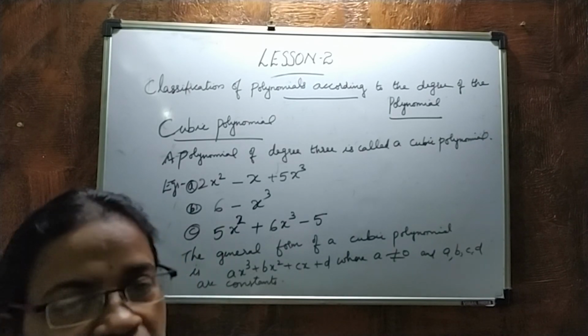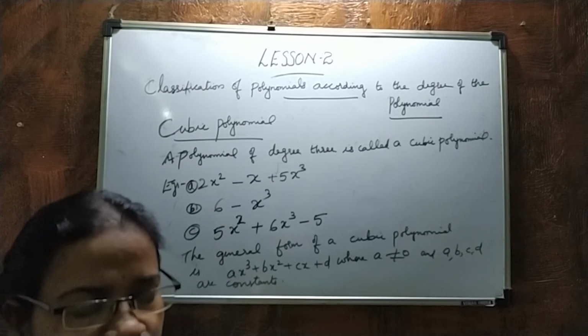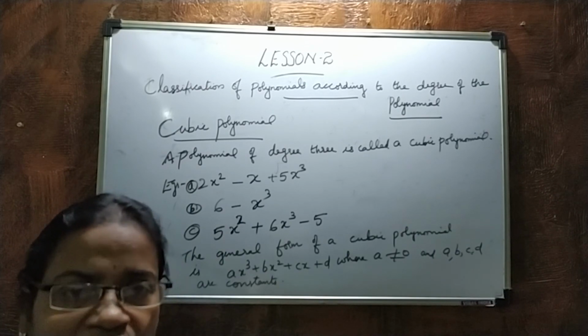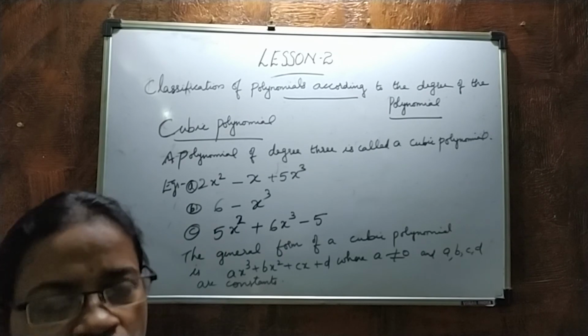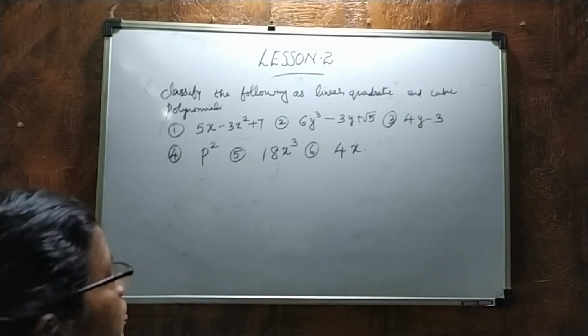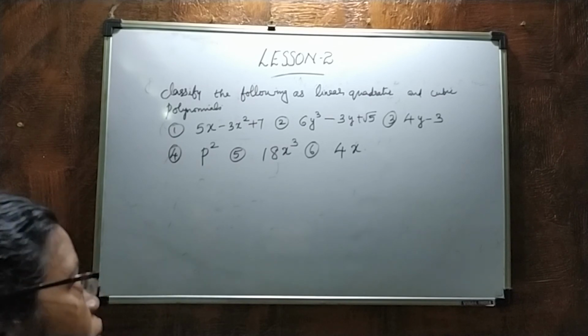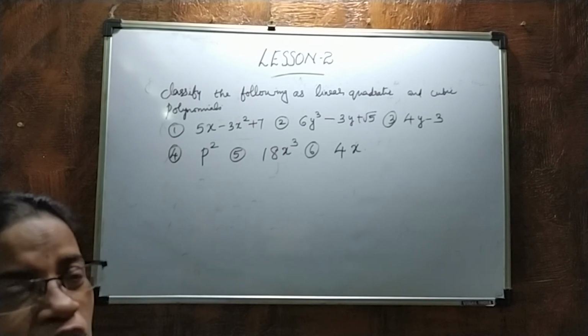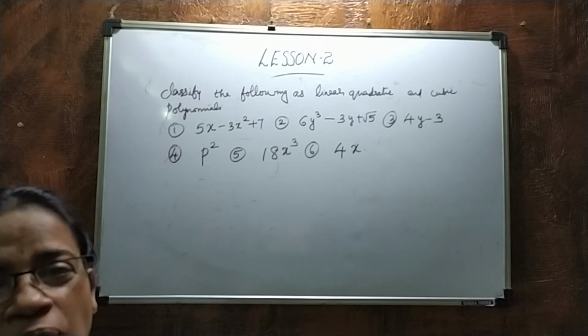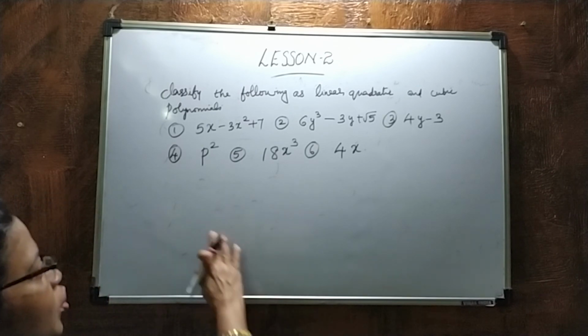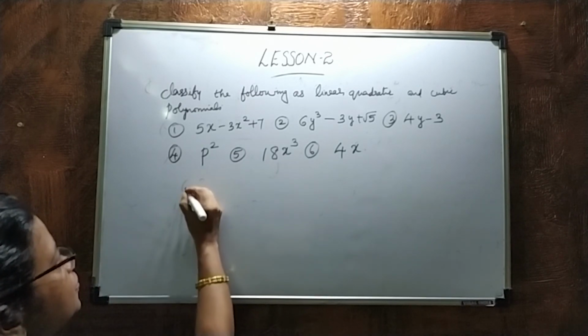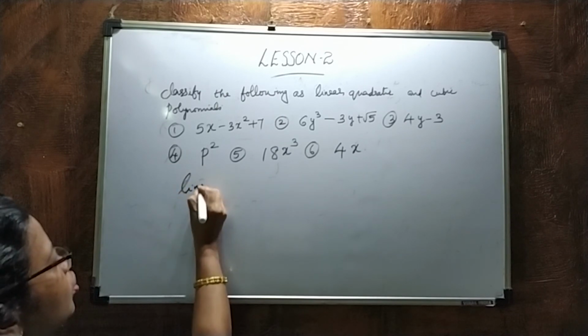Now I will give 3 types of polynomials now. You have to find out, differentiate it, and then do the homework. These are the questions. Classify the following as linear, quadratic and cubic polynomial. From here you have to differentiate these 3 polynomials. So what I am going to do is, I am just going to write it as first one, linear polynomial.